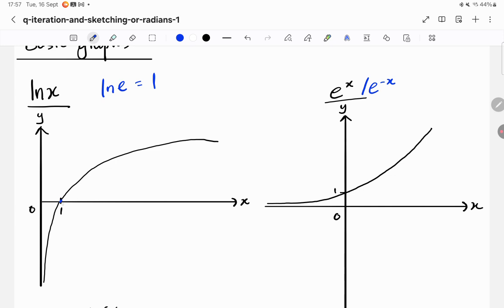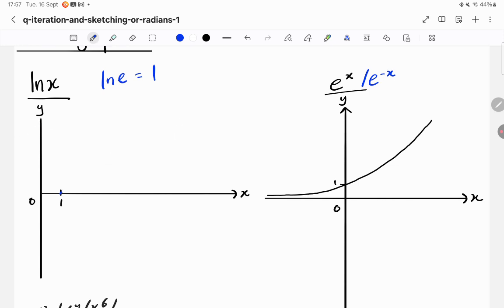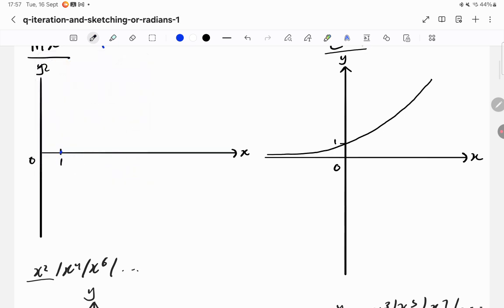So there's going to be a point where this graph goes quite constant. It's up to you, you can actually write at the point where it's 1, you can say here is e. It's not really necessary, but as long as you get the shape right, that's most important. So most importantly, just get your shape right and your intersection point right.